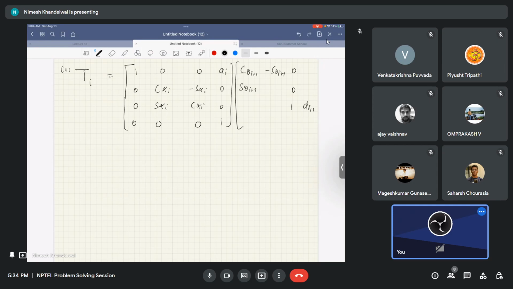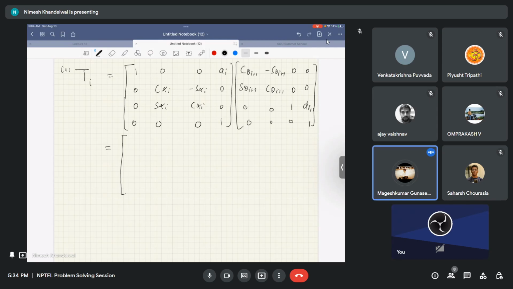If we multiply both of these, what will be the first element of the first row or the first column? Let us fill column-wise. Can anybody tell what will be the first element of the first row? Cos theta I plus 1. Yep.